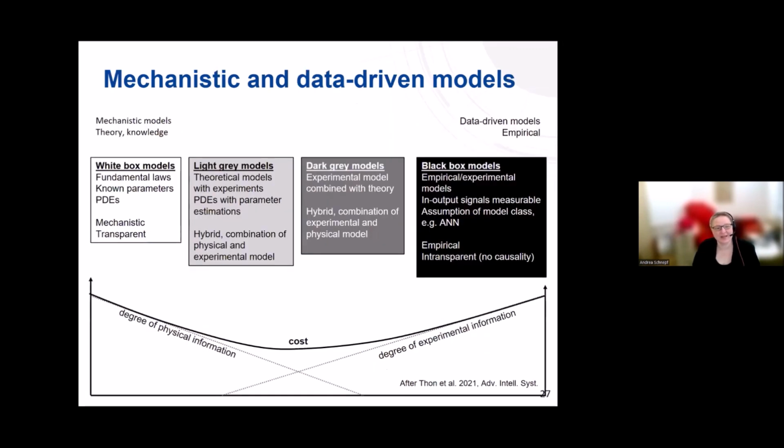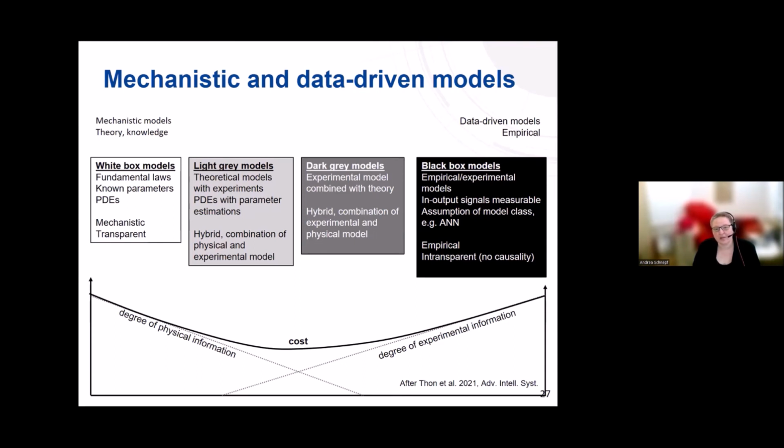This is a slide I wanted to include because at the recent retreat that we had, there was a workshop about modeling, and a discussion about what is actually mechanistic and data-driven models. On the one hand, we have a pure mechanistic model, we can call it a white box model, which is based on our theory and knowledge about the system, and on well-established physical relations, where no calibration is necessary.